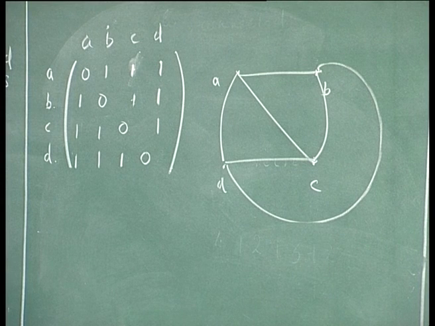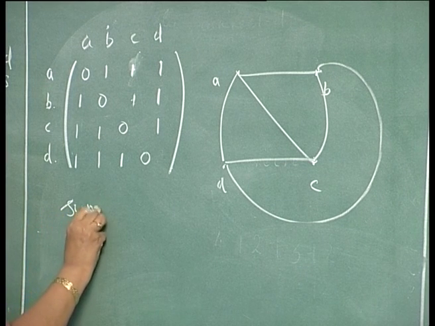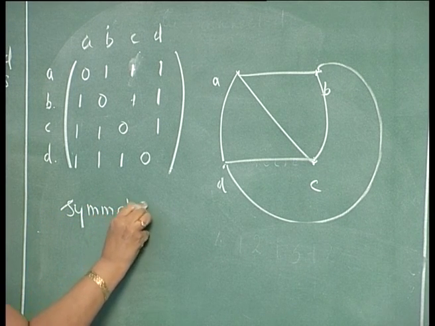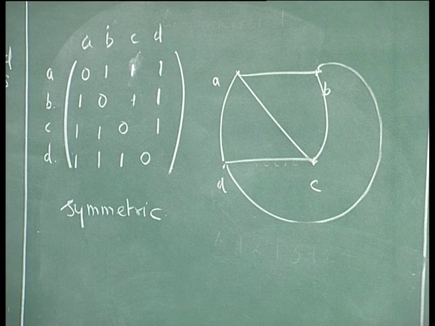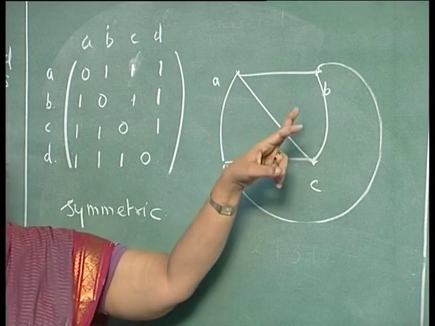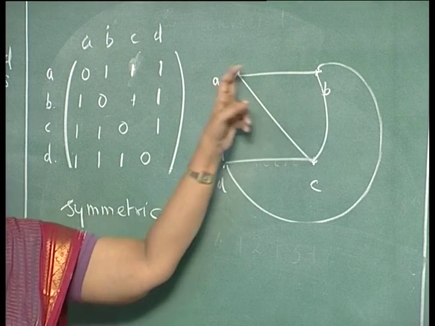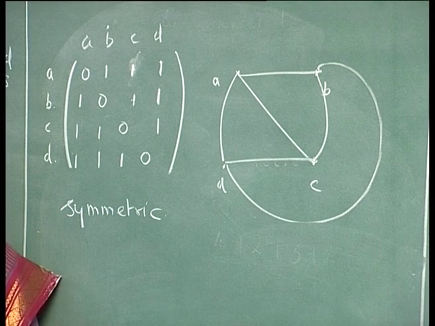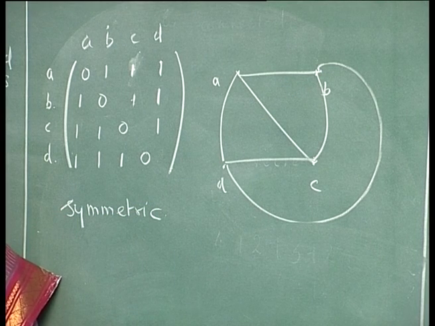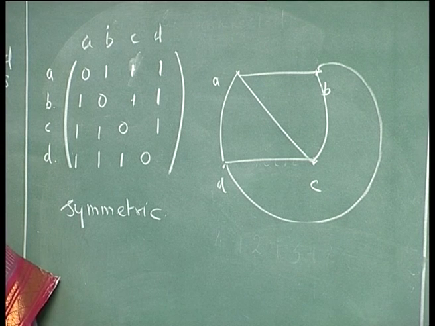Now, there are 6 edges, and if you count the number of ones, there will be 12 ones, twice, and it is a symmetric matrix. It will be symmetric because it is undirected. This matrix is symmetric about the diagonal, because here there is no direction between A and B. So, it will be represented as an edge between A and B and also between B and A. That is why it can be represented like this.